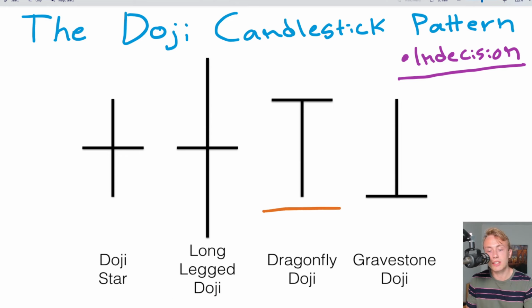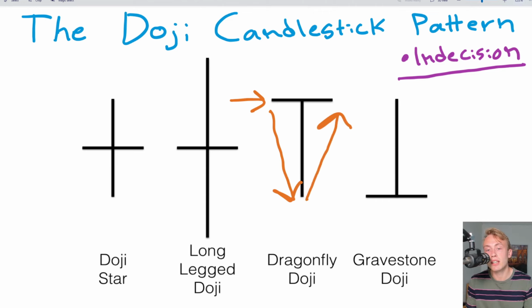The next candlestick is what we call a dragonfly doji. And this one is actually a little bit more bullish than bearish. Because in this case, you can see we open all the way up here. During the candle, the bears managed to push the price down. But at the end of the candle, we see the bulls taking control once again, and we close where we started.